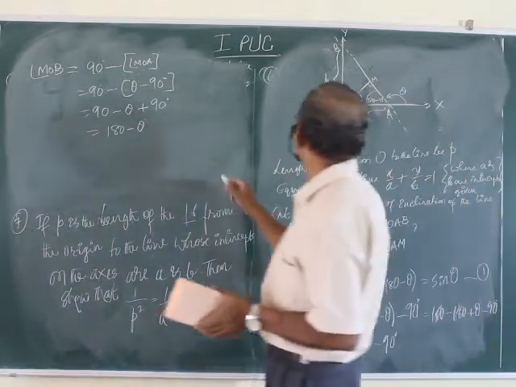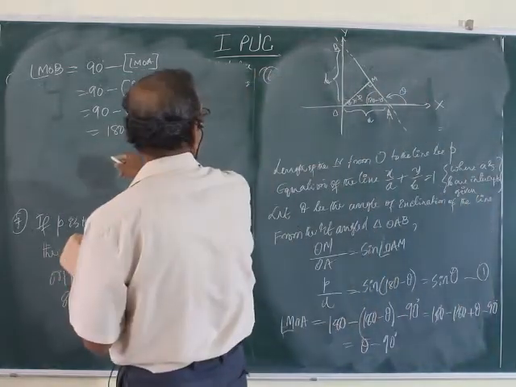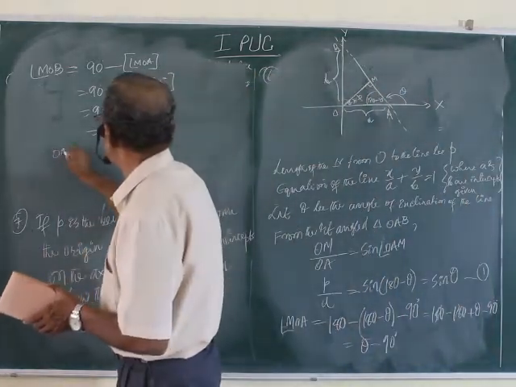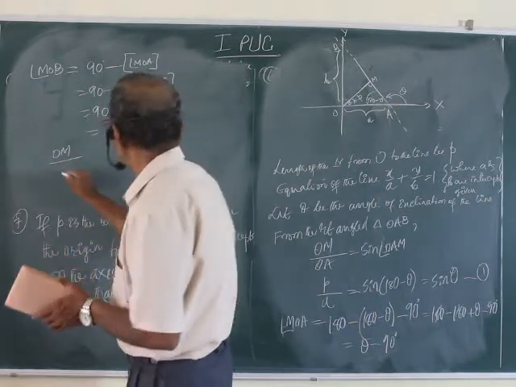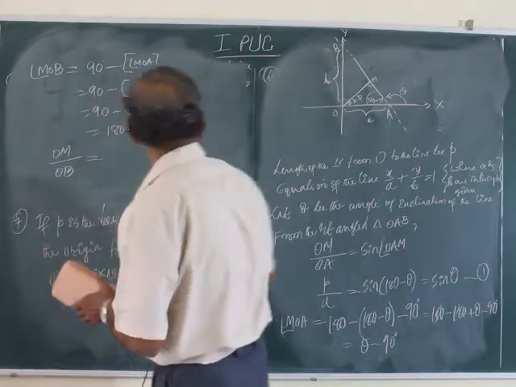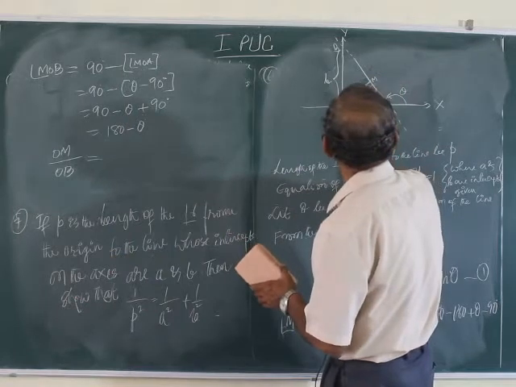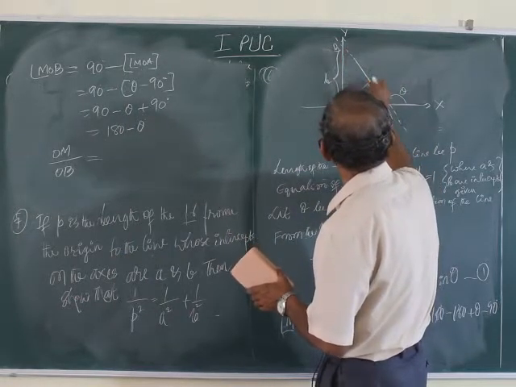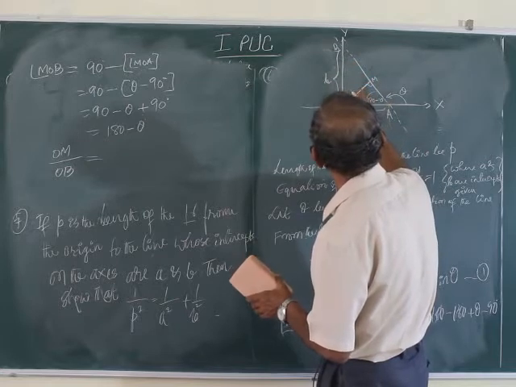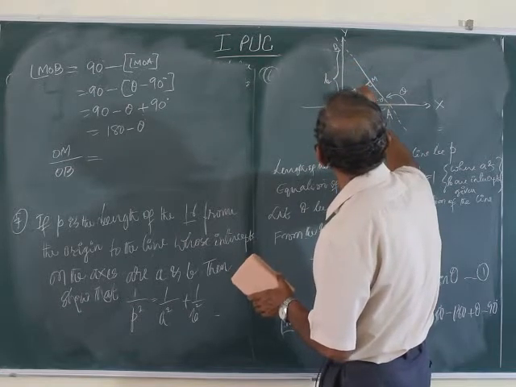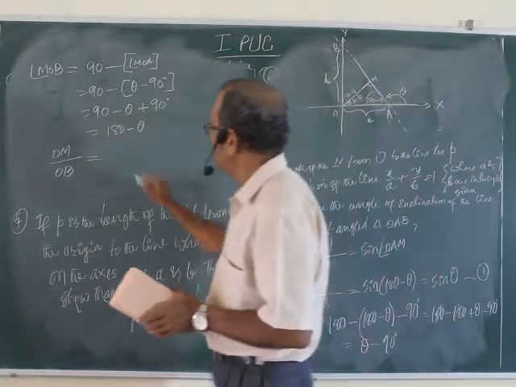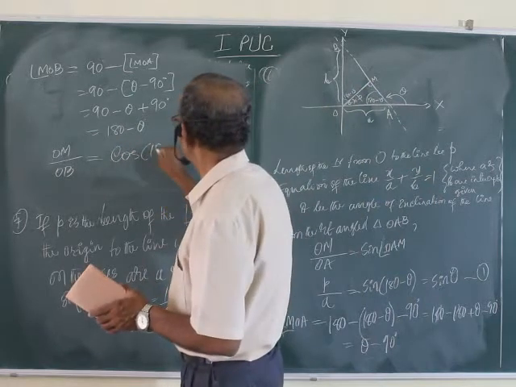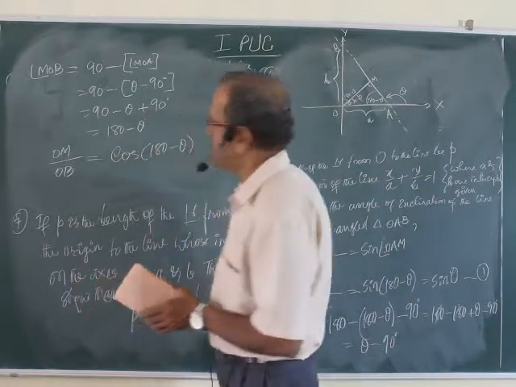Now, write OM divided by OB equal to adjacent side by hypotenuse to this angle MOB, cos of 180 minus theta.